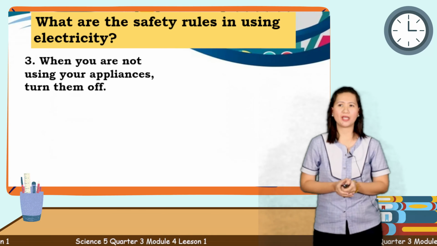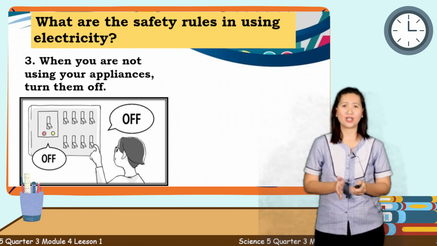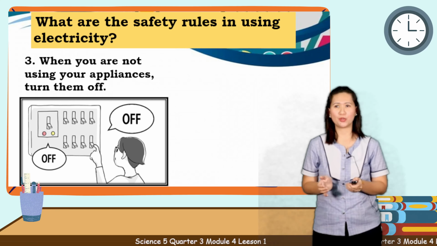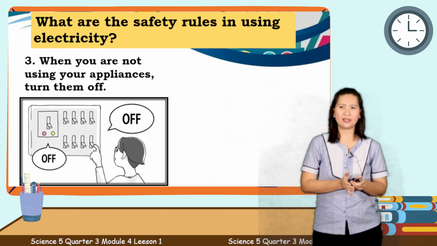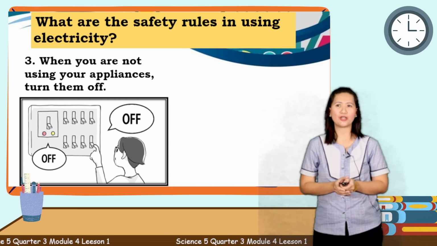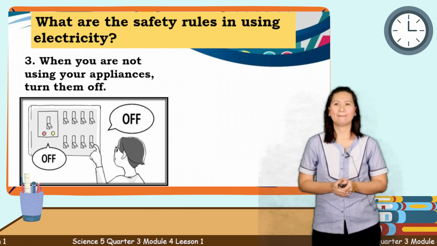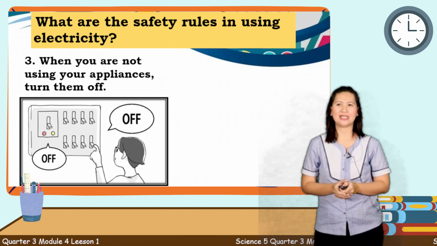Number 3, when you are not using your appliances, turn them off. So are you doing this at home? If you are going outside, please make sure that your appliances are turned off. And in this way, we can also save electricity.